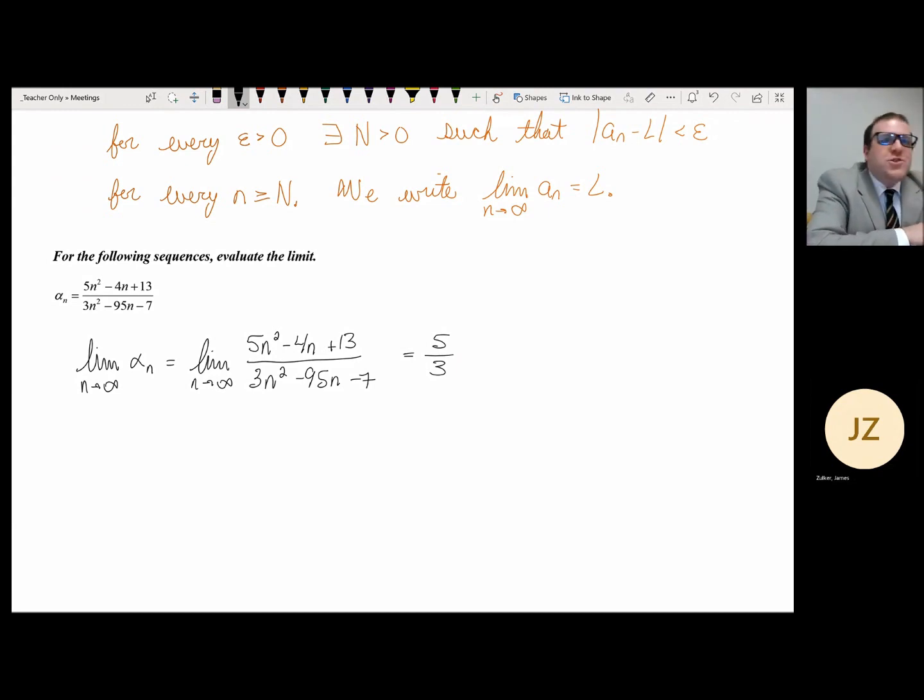This is where function analysis is going to come in handy. Knowing how functions behave will make finding these limits so much easier.